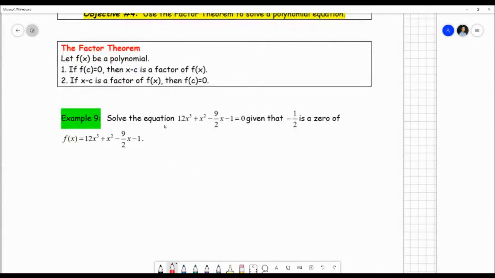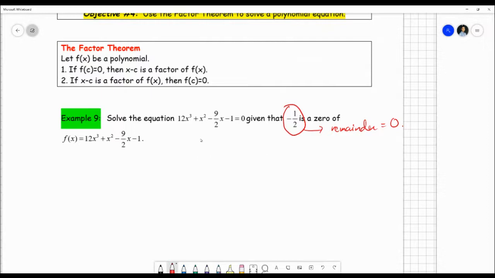So we want to solve this equation given that negative 1/2 is a zero. Now, that's important. If this here is a zero, then that means our remainder is equal to 0.